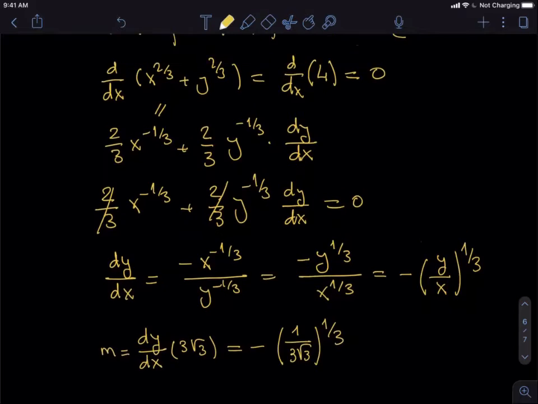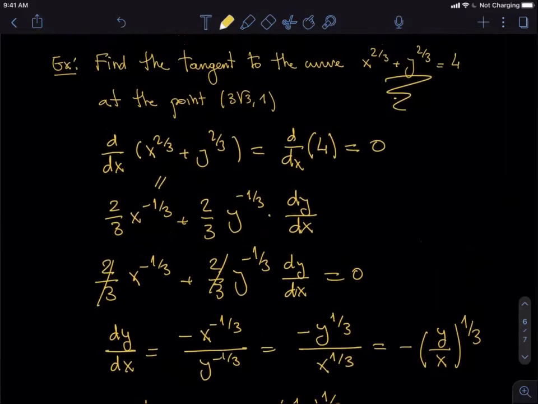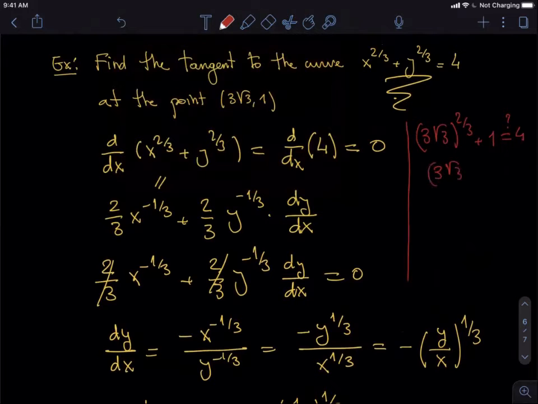Here I didn't do it right away, but I should have done it, so let me do it here on the side. Always check that the problem is well posed. What I mean by that is that the equation is satisfied. For the equation to be satisfied, I need 3 square root of 3 to the 2/3 to be equal to 3.